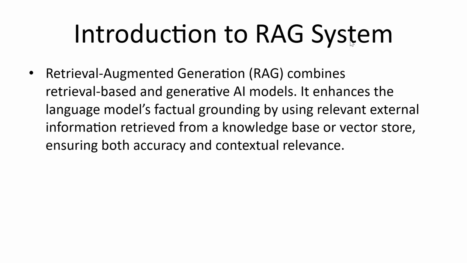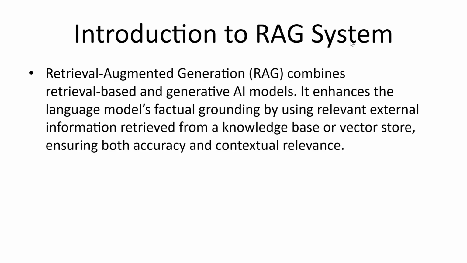The Retrieval Augmented Generation, RAG, is a combined retrieval-based and generative AI model. It means there are two things. One is retrieving from an existing data source, and the second is generating with the help of AI models, meaning LLM models. Why is it useful?